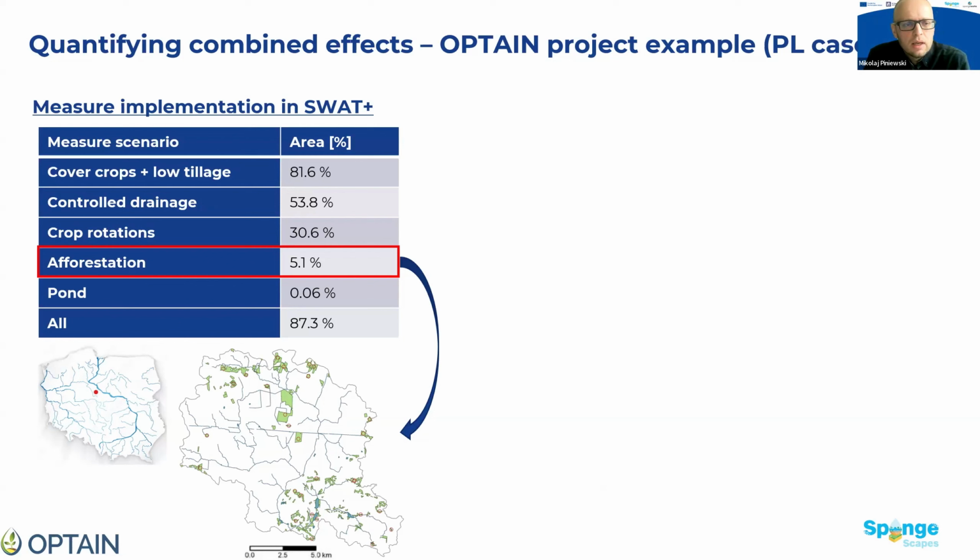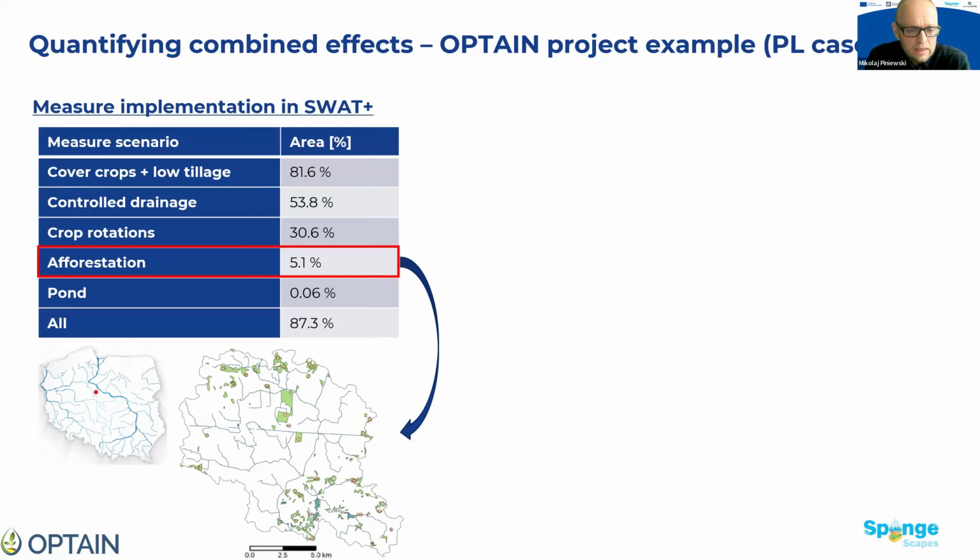This case study is a Polish agricultural catchment in which we simulated 5 different measures that we called NSWRM, natural small water retention measures, that resemble very much the sponge measures we investigate in the SpongeScapes project.